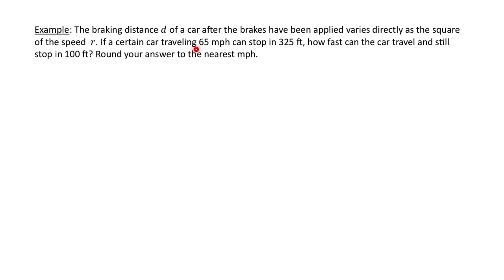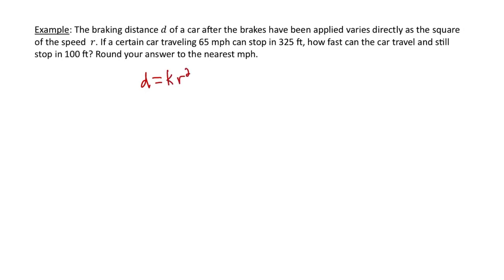Now notice if a car going 65 miles per hour takes 325 feet to stop, and we want to be able to stop in 100 feet, well, the car is going to have to be going less than 65 miles per hour. So we expect our answer to be less than that in order to be able to stop in only 100 feet. Okay, so let's do this problem. d is equal to kr squared.